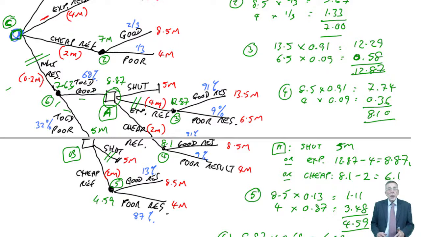Perfect knowledge is when, if they say it's good, it definitely will be good, and if it's bad, it'll definitely be bad. Imperfect knowledge is what's happened here. If they tell us it's good, it's much more likely to be good, but it's not perfect. They could be wrong, which of course is more realistic in real life. Okay, there we are.